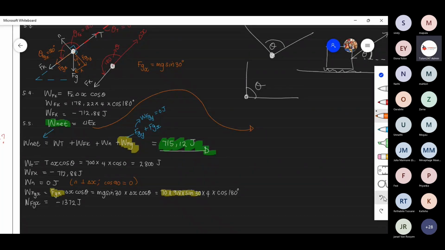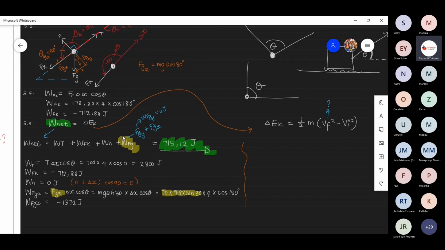So let's have a look at how we are going to find the change in kinetic energy. We know that the change in kinetic energy is equal to a half mass times Vf squared minus Vi squared. Keep in mind, this is what we are solving for, which is our final velocity.